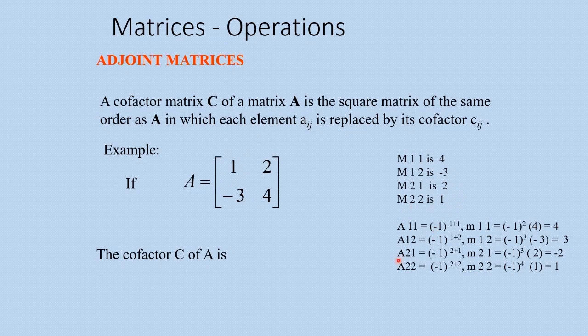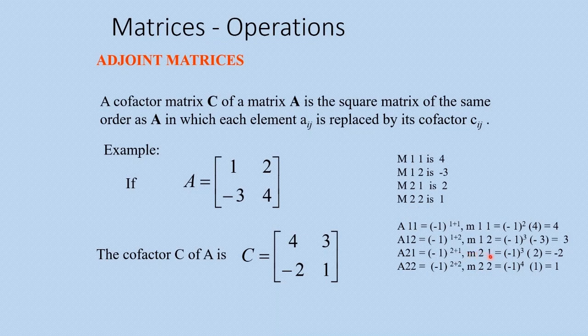Substituting the corresponding value of minor M, we get A11 is equal to minus 1 to the power 1 plus 1 times M11, which is equal to minus 1 to the power 2 times 4, which is equal to 4. A12 is equal to minus 1 to the power 1 plus 2 times M12, which is equal to minus 1 to the power 3 times minus 3, which is equal to 3.